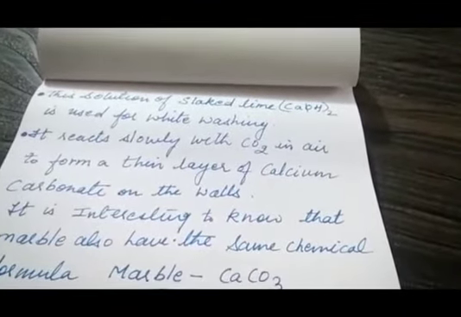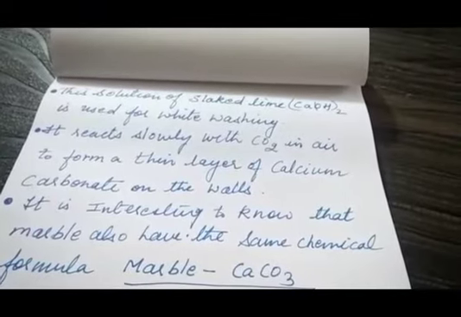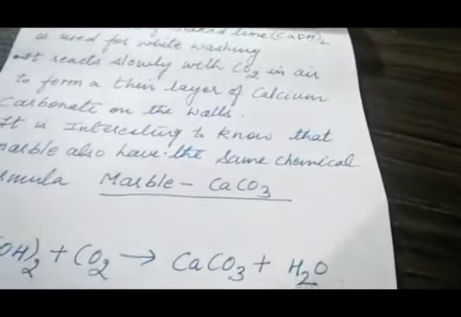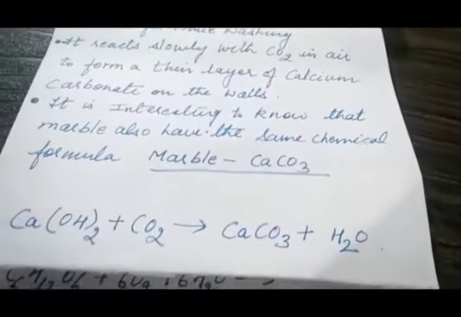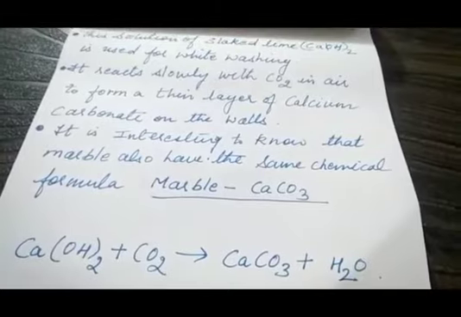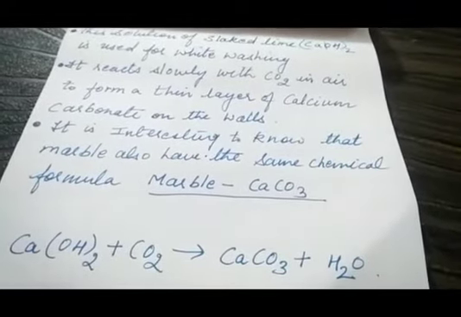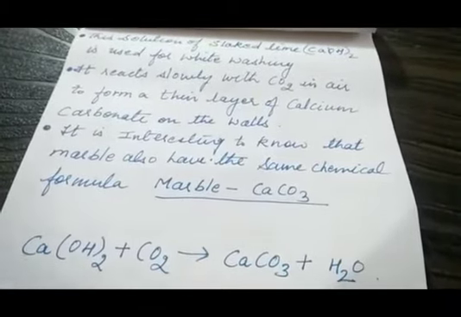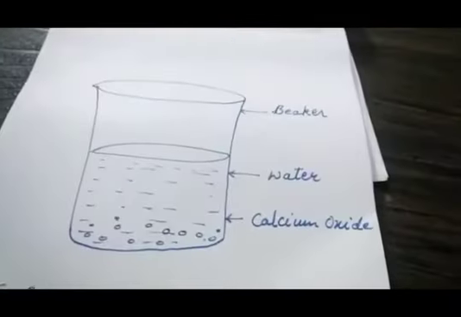It is interesting to know that marble also has the same chemical formula, CaCO3. You can see the reaction which takes place here. Calcium hydroxide reacting with carbon dioxide in air to form calcium carbonate, CaCO3, and water.